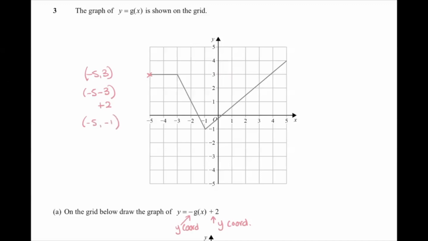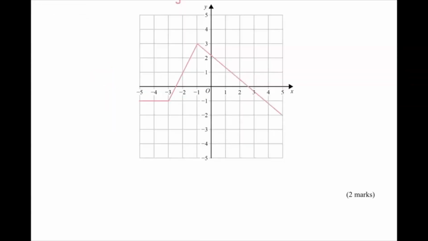And that is the point of my first coordinate. I would repeat this on all the key points. So I would flip and add 2 on the y coordinate for each one of those points so that I can then transform the graph. And that's what your graph would look like when it was finished.